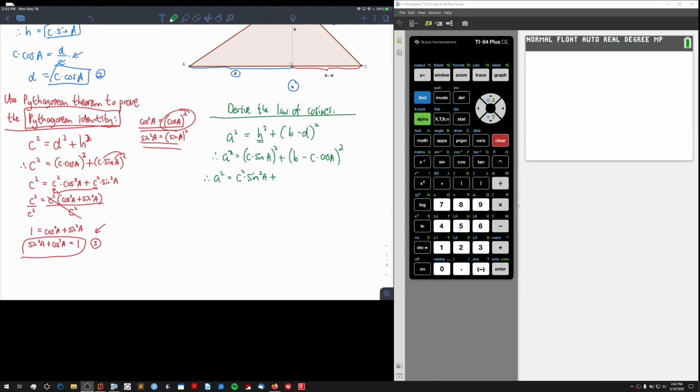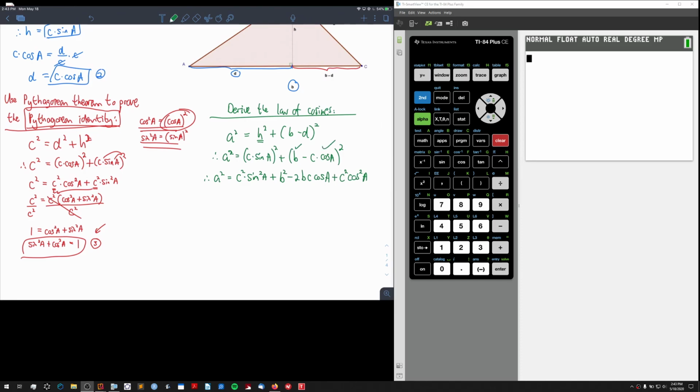So what I get here is b squared, square the first term, check. Then minus 2 times b c cosine A. That's the middle term. And then square the last term, plus c squared cosine squared A. Check, I squared that one.